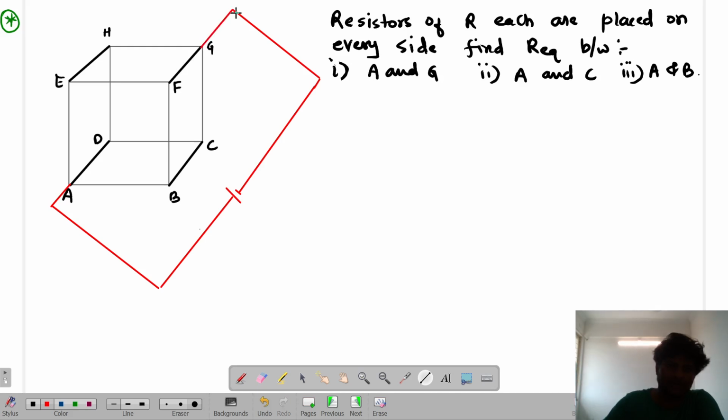Are you able to get me? And let's suppose this battery is of potential V. See, this battery is of no use. Just to understand the current direction we are including it.